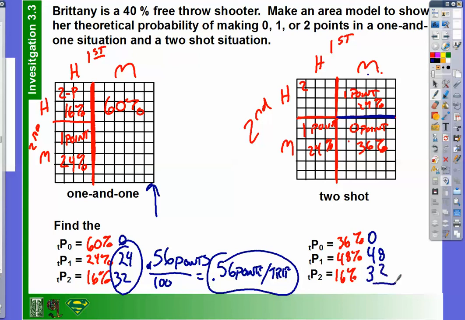So add that together and I get 80 points. 80 points out of my 100 trips to the free throw line is going to give me 0.8 points per trip. I'm running out of room there. So I found my expected value and my probability for getting 0, 1, and 2 points in a free throw shooting situation as a 40% free throw shooter.